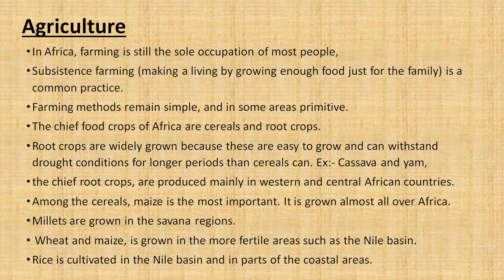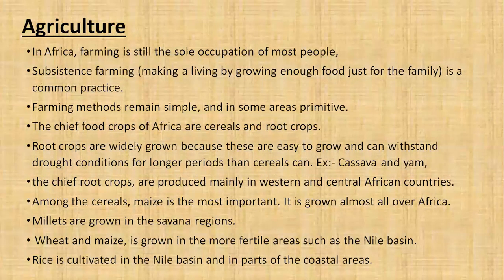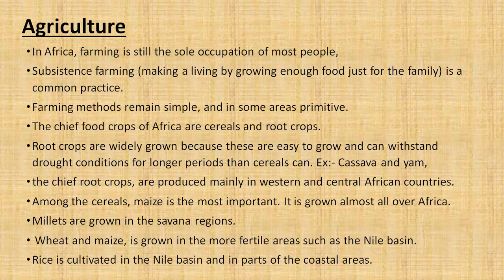Among the cereals, maize is the most important one. It is grown almost all over Africa. Millets are grown in the savanna region. Wheat and maize are grown in the more fertile areas such as the Nile Basin, especially wheat. Rice is cultivated in the Nile Basin and in most of the coastal areas.